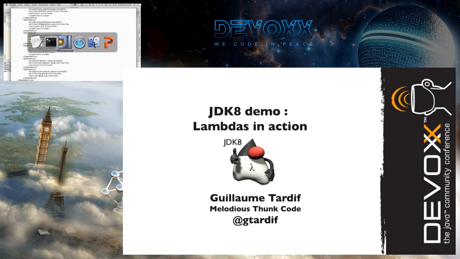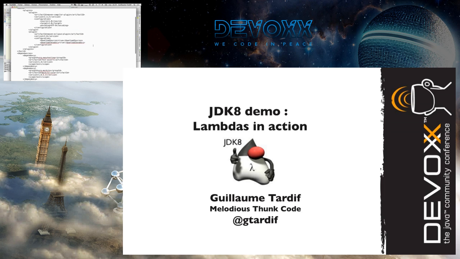So you just have to specify in your POM that you're using source level 1.8, and then Maven will just delegate all the calls to the javac compiler. So this works quite nicely.